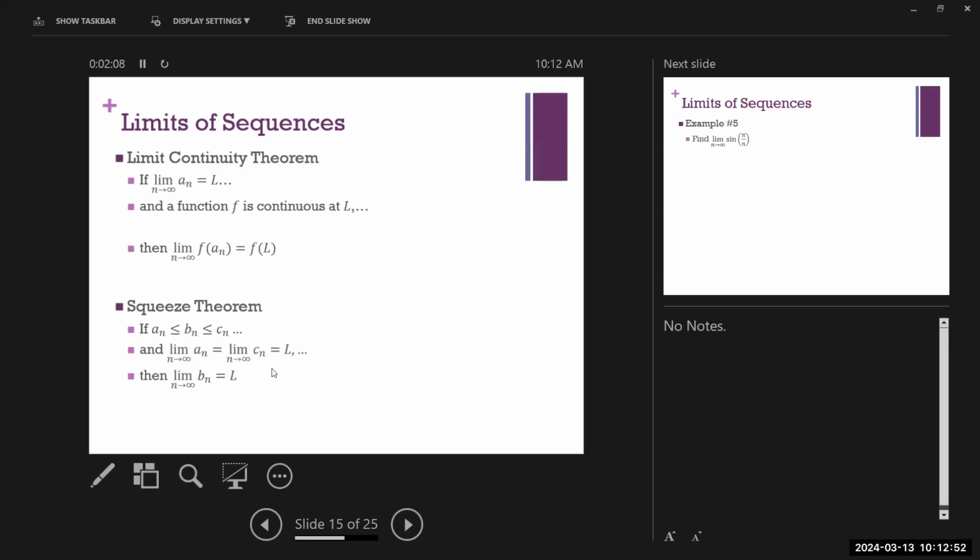The other one is the squeeze theorem. In my experience, this is a little more intuitive for folks, but let's talk about it anyway. You have three sequences here, A, B, and C. What do I know about these sequences? I'm assuming that A is the smallest, C is the largest, and B is always in between them.